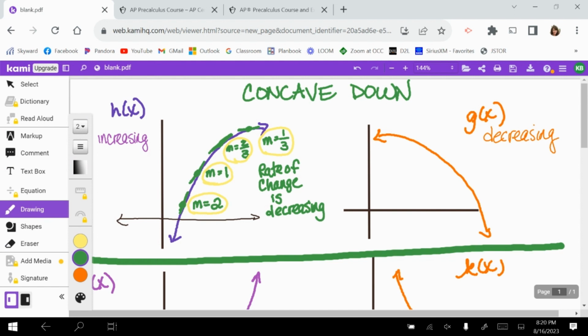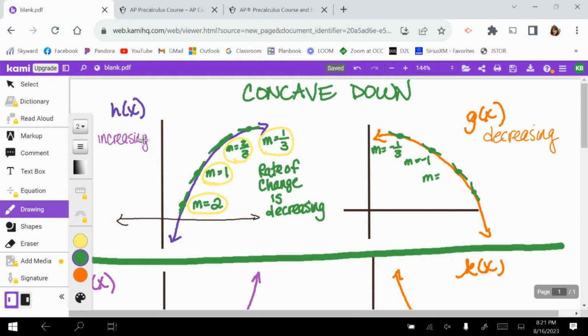Okay, now let's look over at g of x. I'm going to do the same thing. I'm just going to draw some little mini tangent lines here, and randomly say what the slope could be. Now, these are all negative slopes, right? So this first one at the top, let's say that slope is negative 1/3. The next one down, maybe that's negative 1.